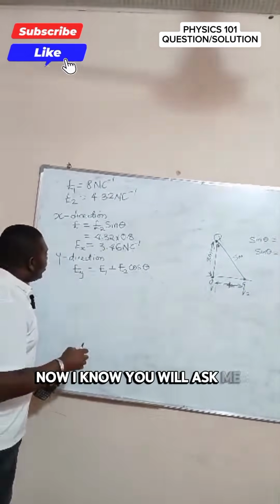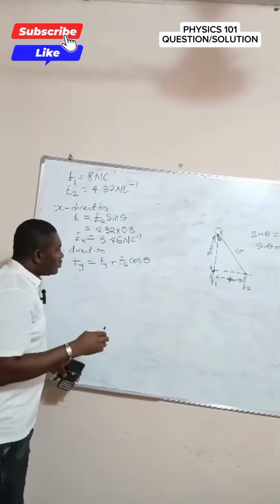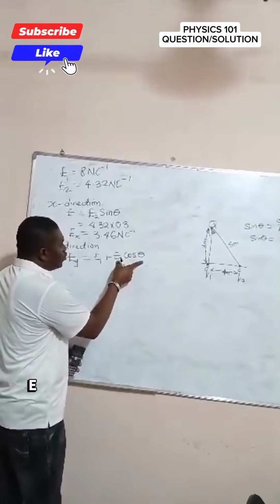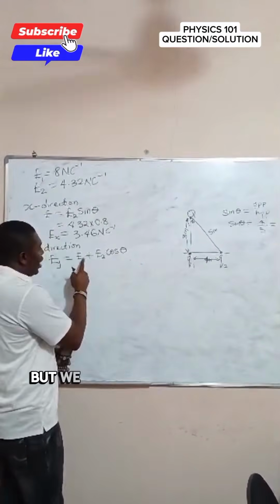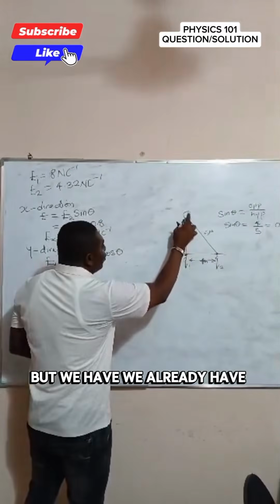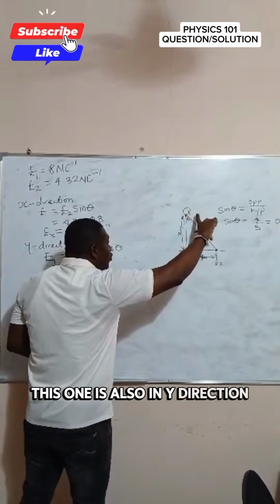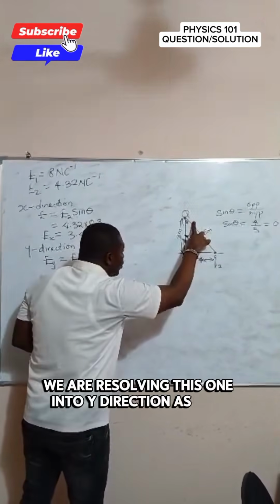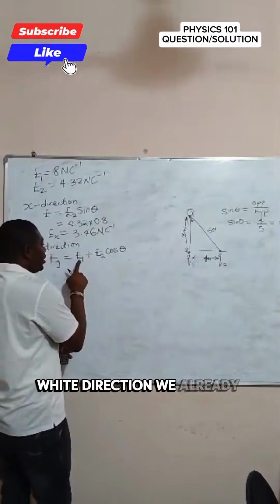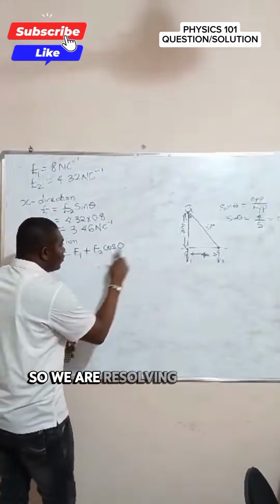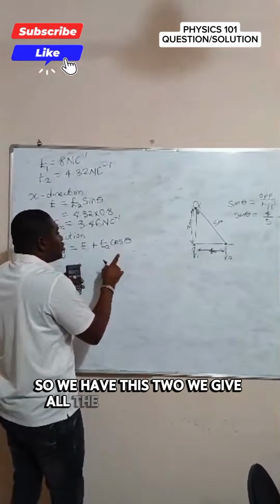Now I know you will ask me, why do you have E1 plus E2 cos theta? E2 cos theta is resolving it into the Y direction. But we already have a value in the Y direction, which is E1, which we calculated before. This one is also in the Y direction. So we have both E1 and this resolved part in the Y direction, and these two will give us the total in the Y direction.